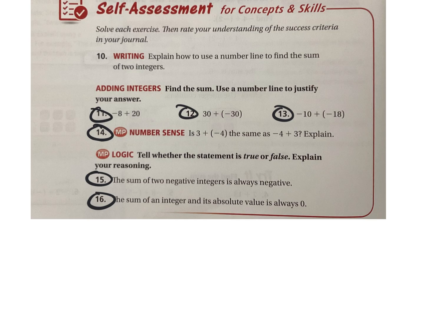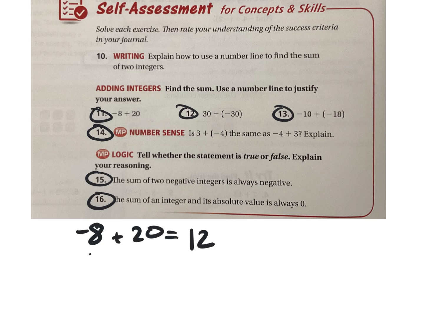Number 11, we have a -8 plus 20. They're different signs, so I take the absolute value of each of those. It's 8 and 20. I take away the 8 from the 20, it leaves me with 12. And then I have to decide what sign am I going to use.